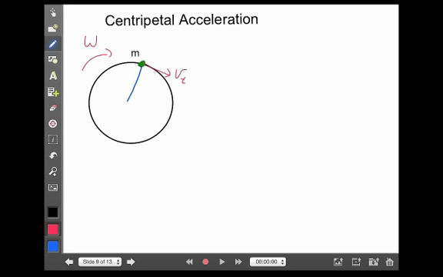But the direction of force is to the center, centripetal force. Now, if we remember Newton's second law, net force equals ma. And we learned that whatever direction net force is, the acceleration is in the same direction. Which means that in addition to a centripetal force towards the center, there must be an acceleration towards the center.